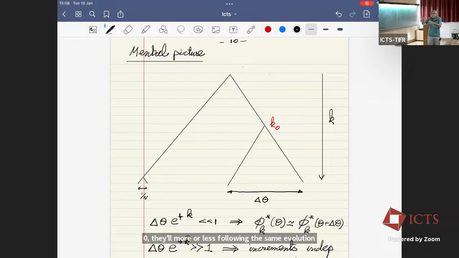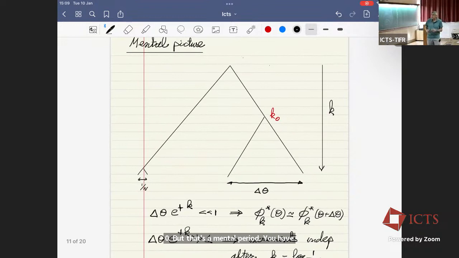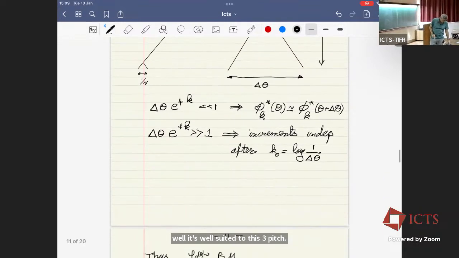Of course, there is some fudge around k0, but that's the mental picture you have to have. And because of this exponential, it's well suited to this tree picture. Okay, good.